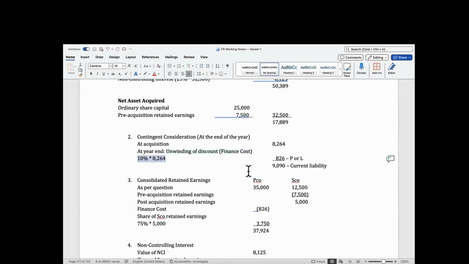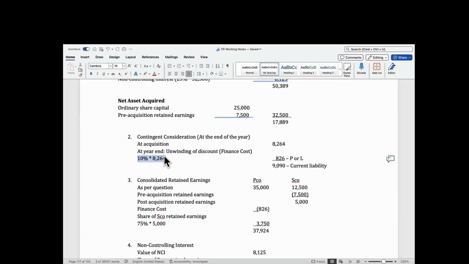You see, if you do another 10% next year, 10% of 9,090, which is 909, if you add it, it becomes 9,999, which is like 10,000, really. So that's why we always do that. Even when I teach you provisions and we do discounting, at the end of each subsequent year, you unwind. We always do that at any point we do present value in financial reporting.